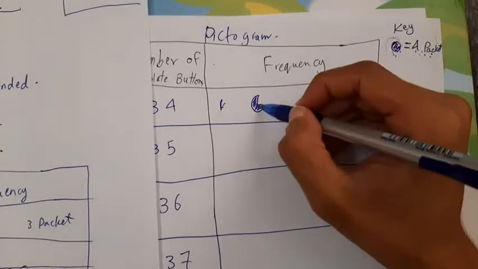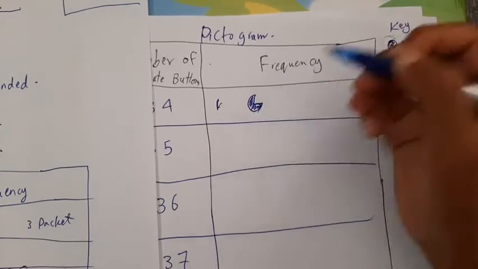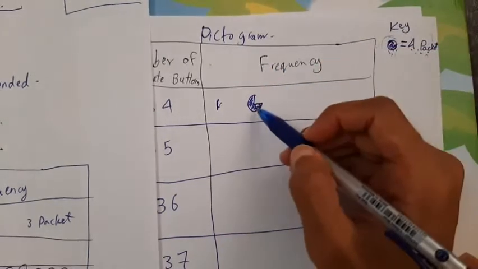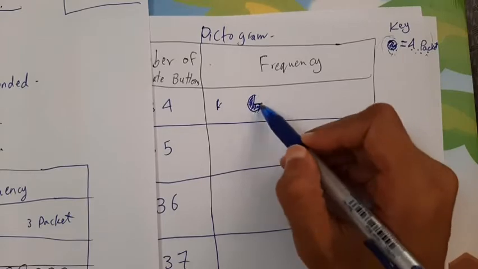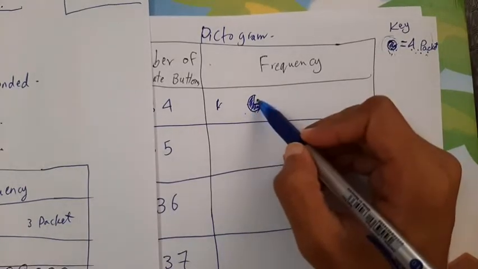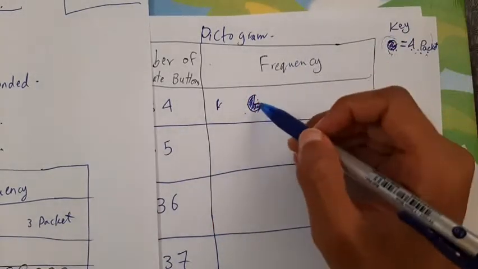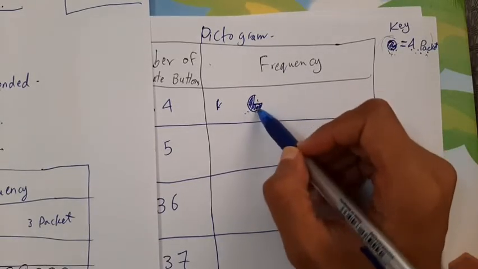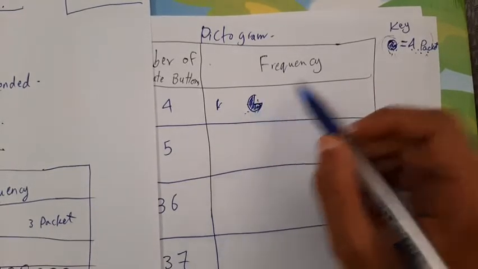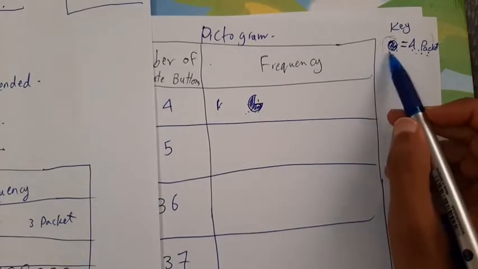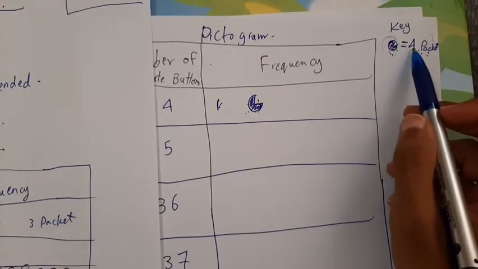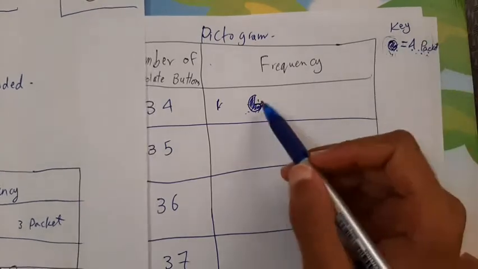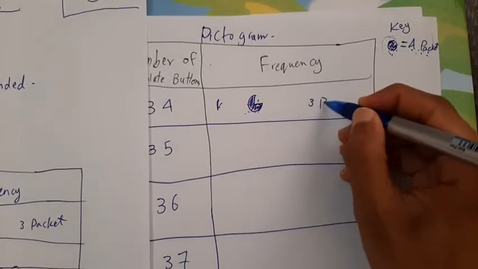One circle except a quarter. Okay, this means 3 out of 4, because 1/4 is left, so 3/4 still, which means 3 out of 4, because each circle stands for 4 packets. So here means 3 packets.